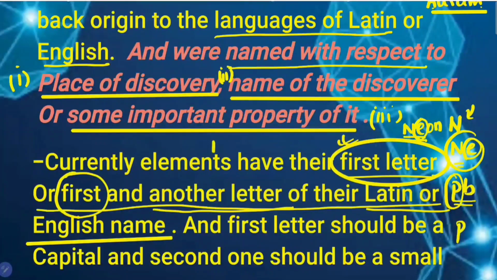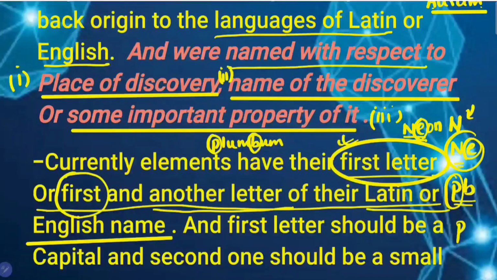Plumbum is the Latin name for lead. So I can use P and another letter. Let's take b. This is how it works. As there is already P existing for phosphorus, I can now use Pb, that is for plumbum or lead.